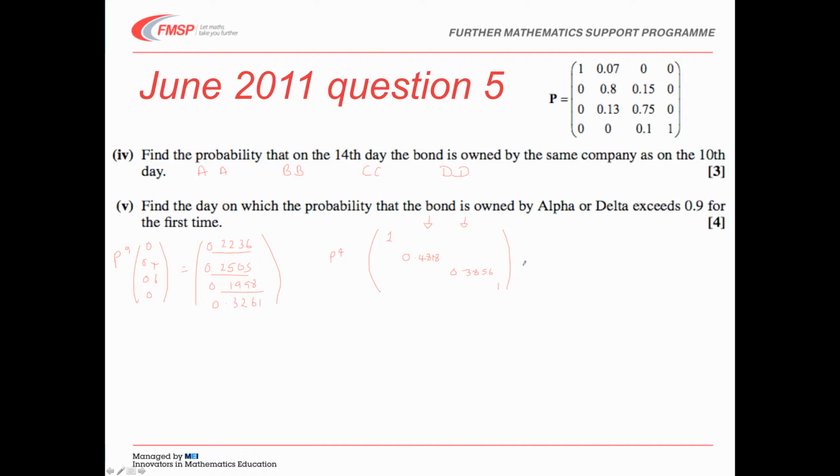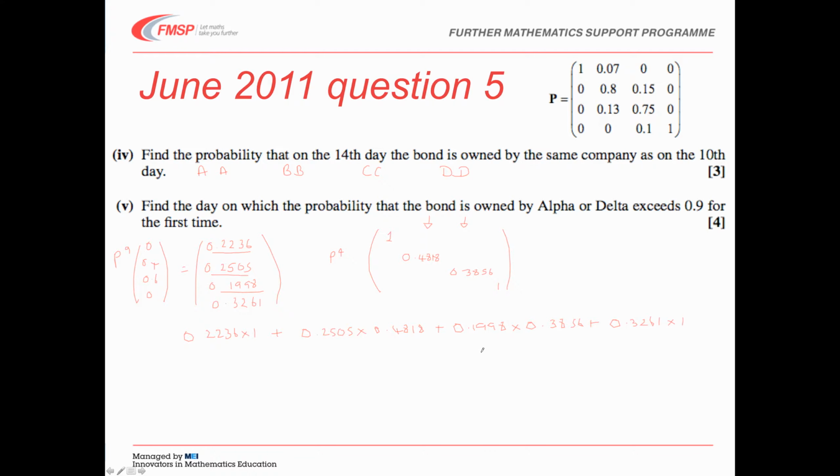So when we work this out, we need to look at the probability that it's A on the first day times by A on the 10th day times by A on the 14th, B on the 10th day and B on the 14th, C on the 10th day and C on the 14th, and D on the 10th day and D on the 14th.